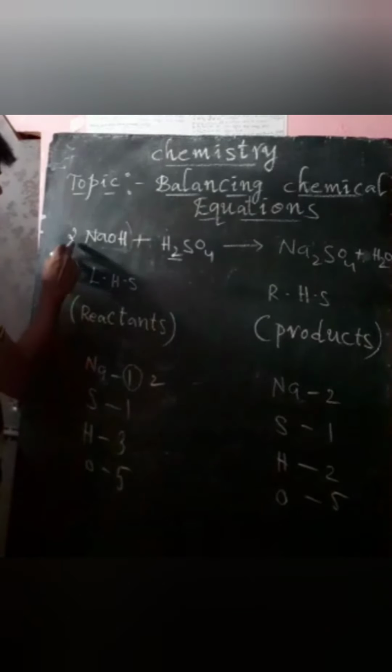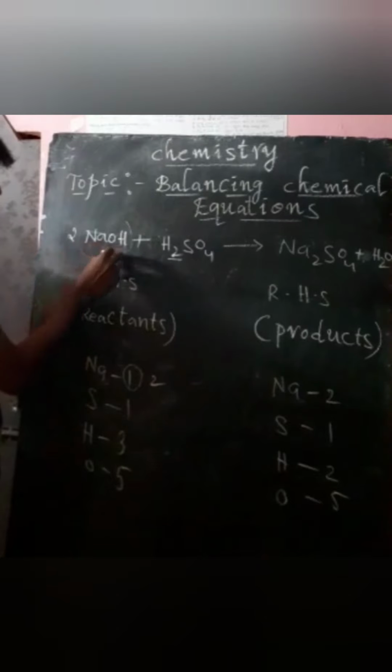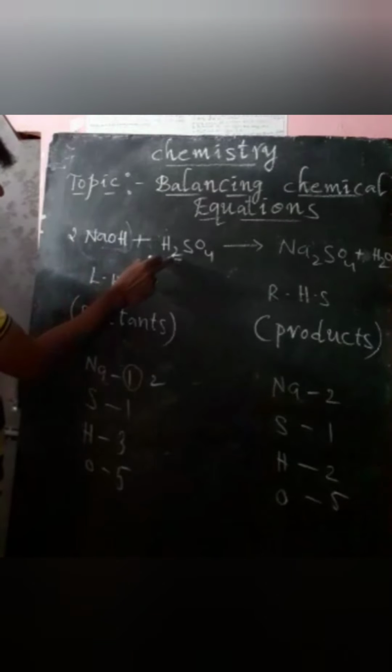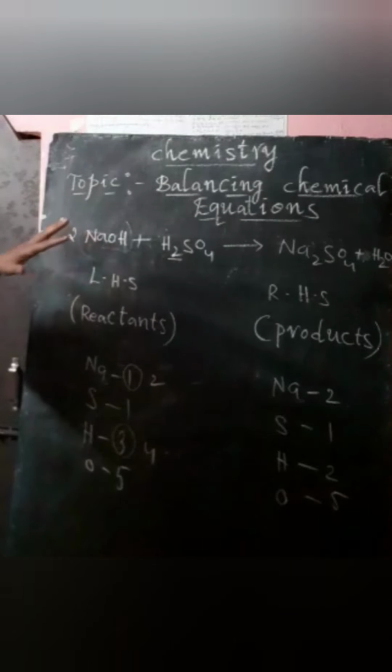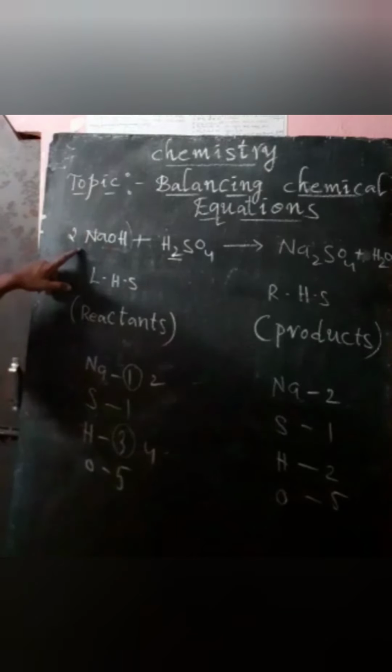Next come to hydrogen atoms. See here, on the LHS side, 2 hydrogen atoms, and here 2 hydrogen atoms. When we put the 2, the number of sodium atoms as well as hydrogen atoms and oxygen atoms changed. So now the hydrogen atoms on the LHS side is 4.